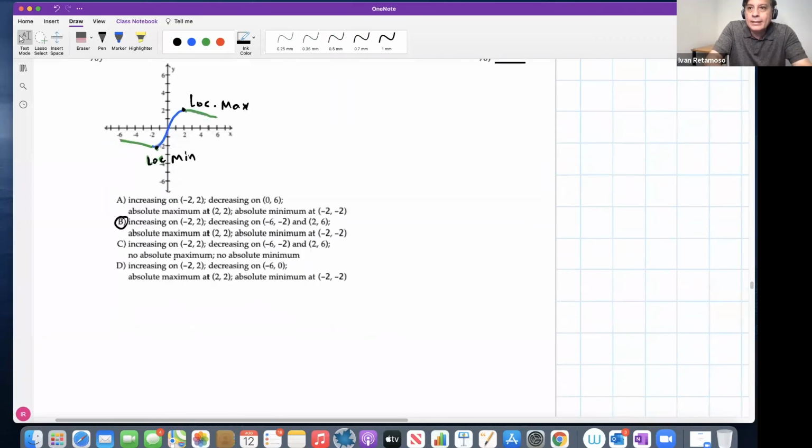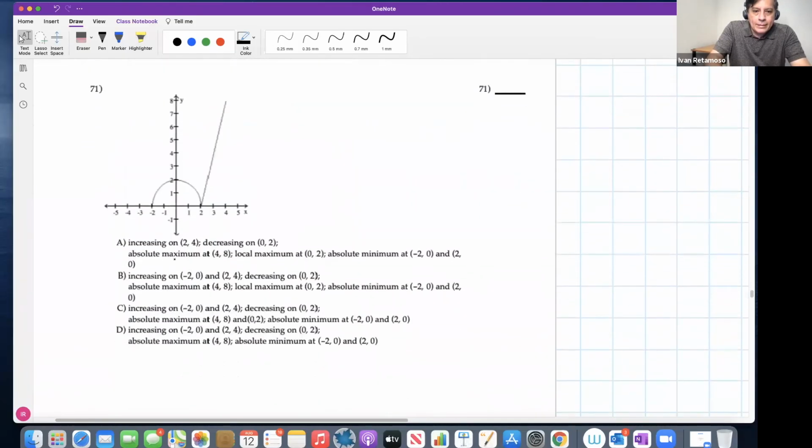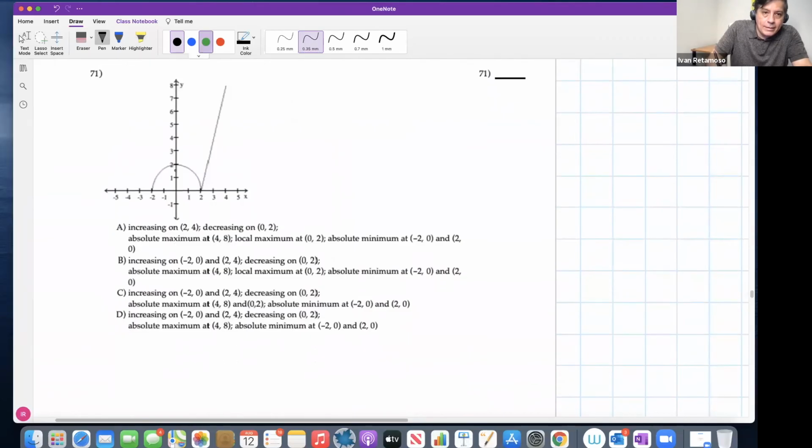Yeah, we talk about this, right? When the graph is given, it's not difficult to figure out what happens there. This is the same, right? Remember, travel along the graph from left to right, increasing here, decreasing here, increasing here again. And then when there is a change in the trend, that is where the local maximum, local minimum appears.